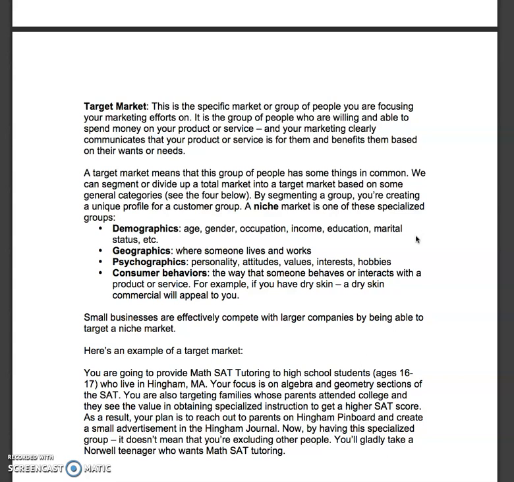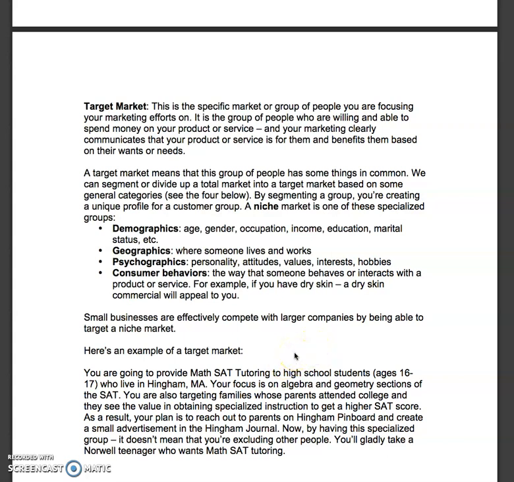Consumer behaviors are really about how people behave, whether some people prefer to purchase items online, or buy things through PayPal. It looks at the process, what's involved, and how people interact with a product.